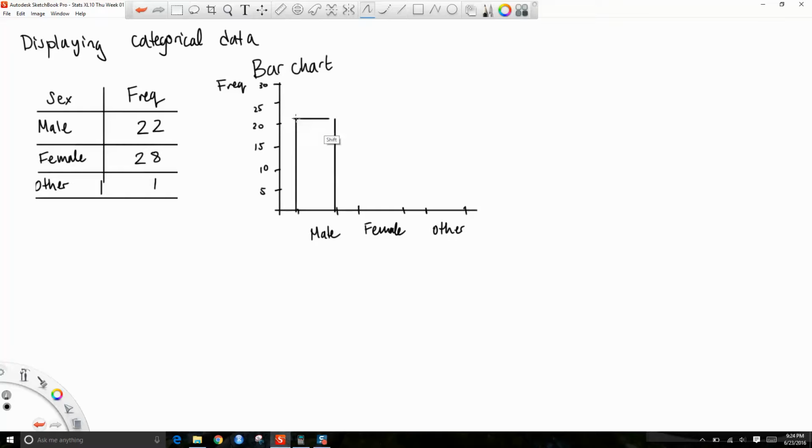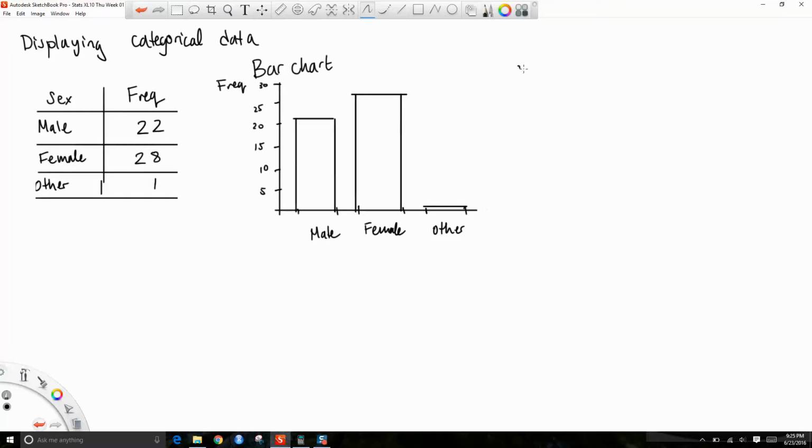So here, we'll draw this line for male, and I'm just doing something like this for female, and then other would be something like that, okay? So this is our bar chart that we have here, okay?